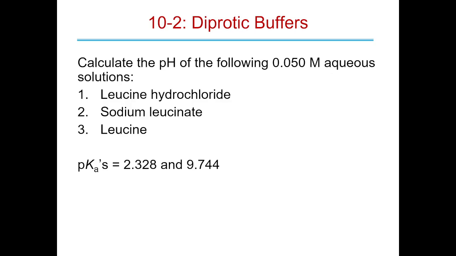So when you see a species like leucine, so it's amino acid, leucine, it could be a drug, it could be anything, okay? And it's followed by a dot HCl or by hydrochloride, it means they've added enough acid to fully protonate it. Okay? Okay. What would be the sodium leucinate?